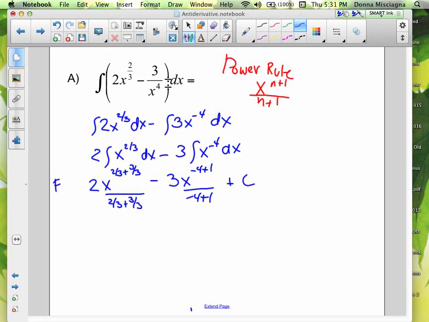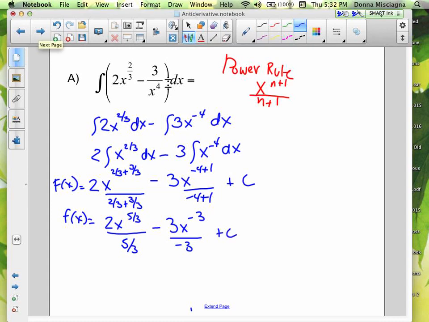And this is a function, and we're going to clean this up a bit. So we've got 2x to the 5/3 divided by 5/3 minus 3x to the negative 3 divided by negative 3 plus c. Dividing by 5/3 is the same as multiplying by the reciprocal. So this would be 3/5 times 2x to the 5/3.